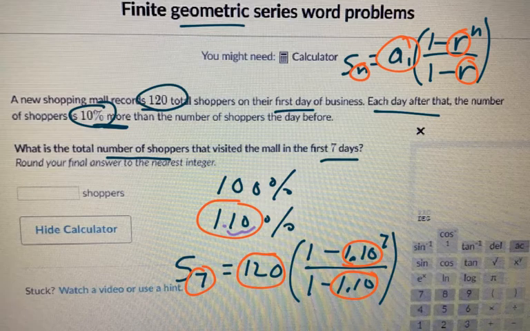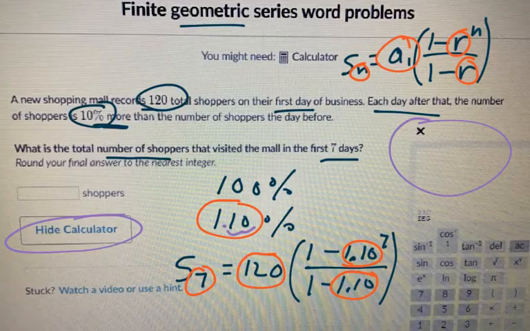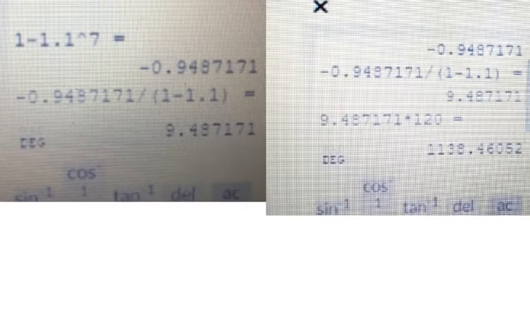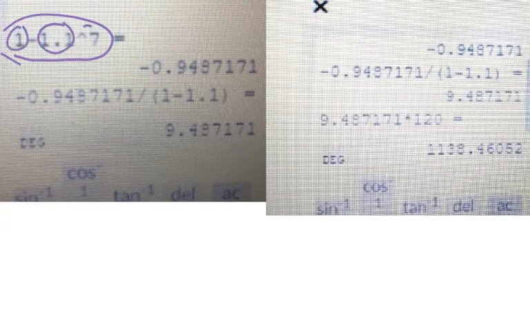Hopefully that looks and sounds familiar. So we're using 1.1. So what I did was I clicked on the calculator button in here, guys. As you can see, it popped up over here. And I first decided I would do the weird part. So I did 1 minus 1.1 to the 7 power. That's this weird negative number.